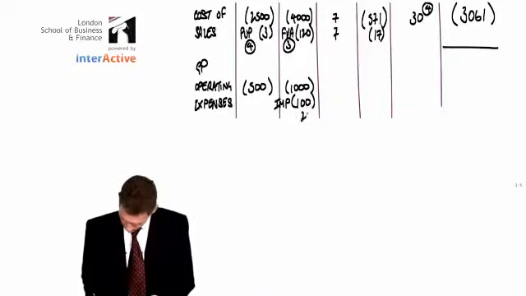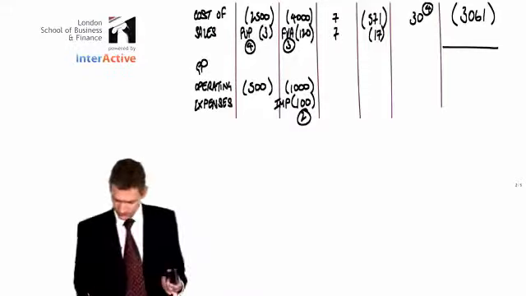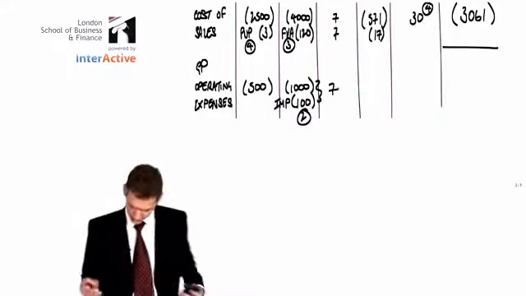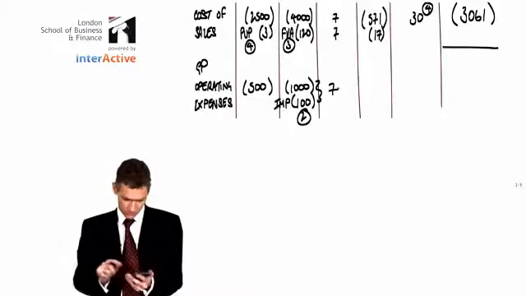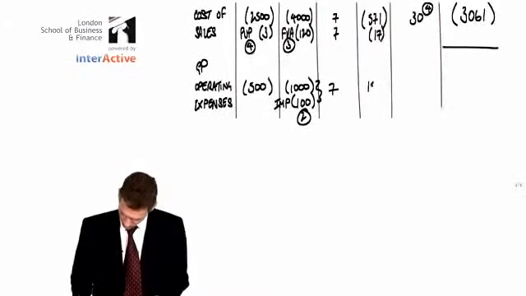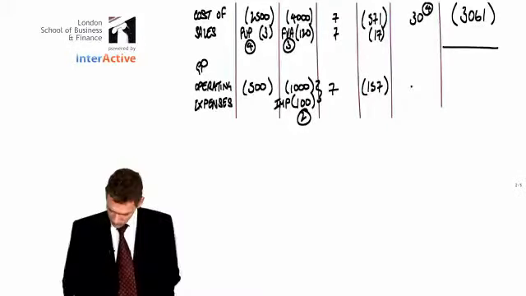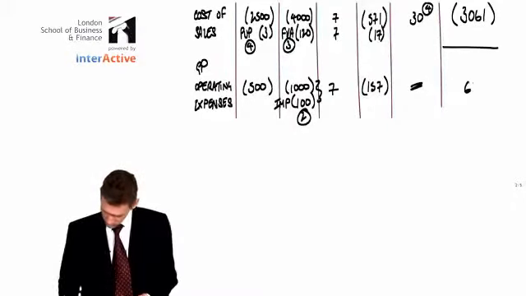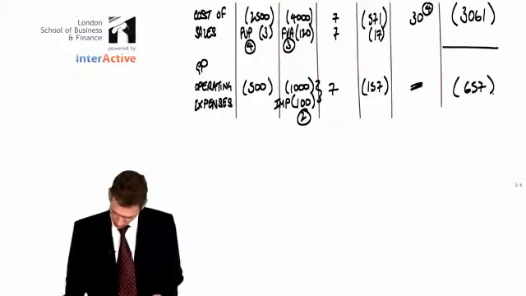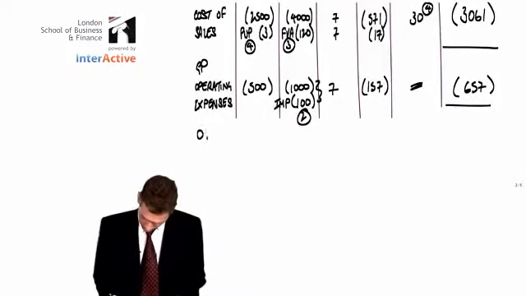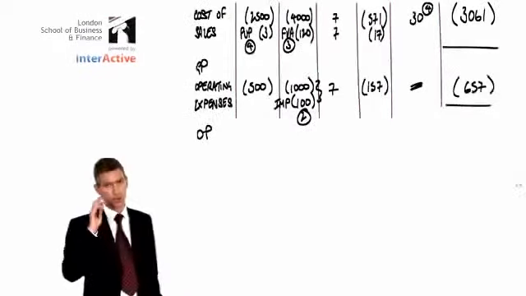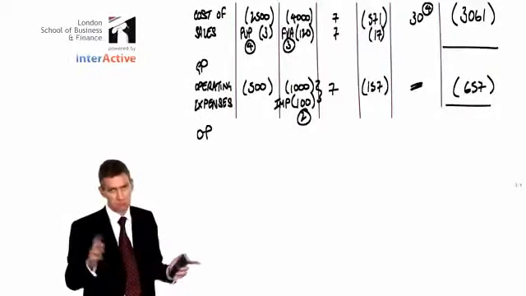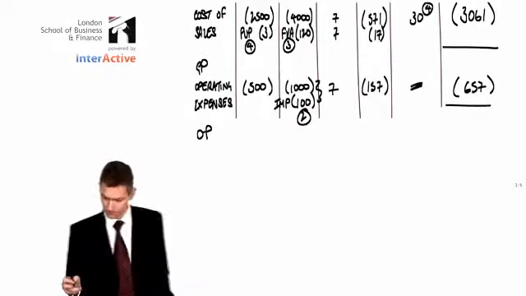Yep, paragraph 2. Operating profit, just in case there's an associate, look for an associate. If there's no associate, fine.